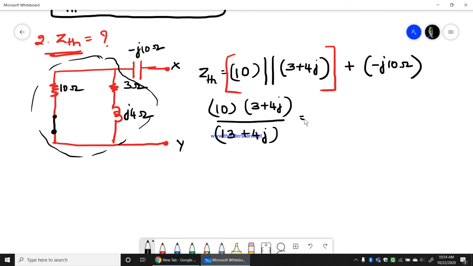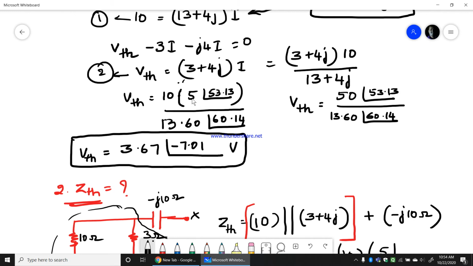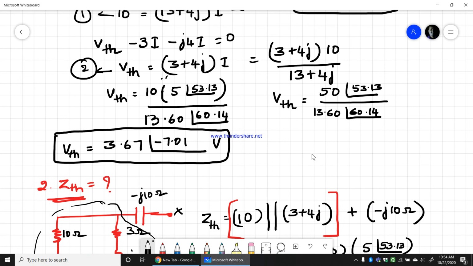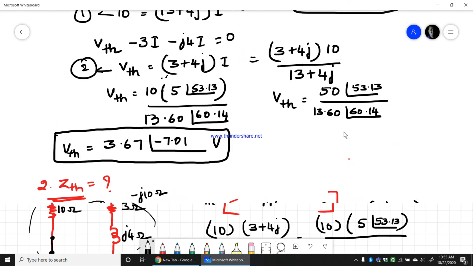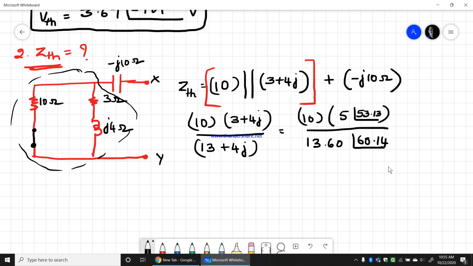So which will be equal to 10 into 3 plus 4j, which is 5 at an angle 53.13, as we have done earlier in VTH, divided by 13 plus 4j, which we also found earlier as 13.60 at an angle 60.14. We have done this polar conversion of 3 plus 4j and 13 plus 4j in the previous VTH, so I am substituting the same.